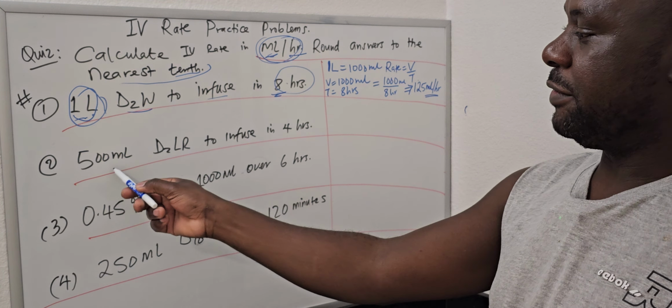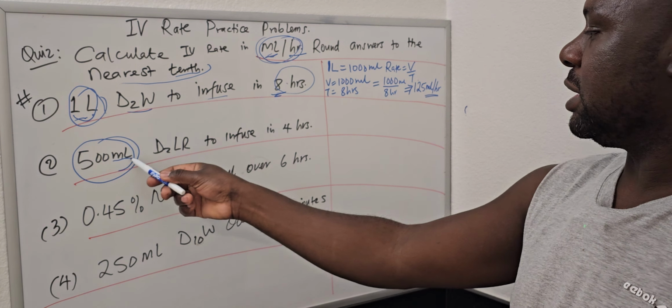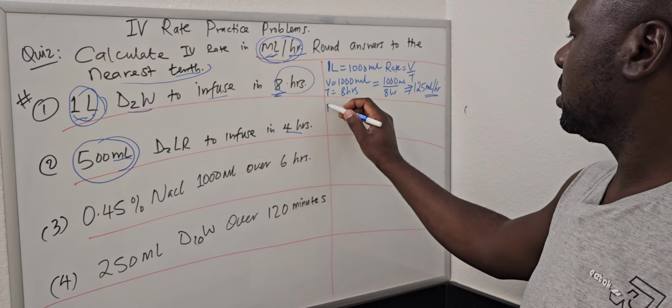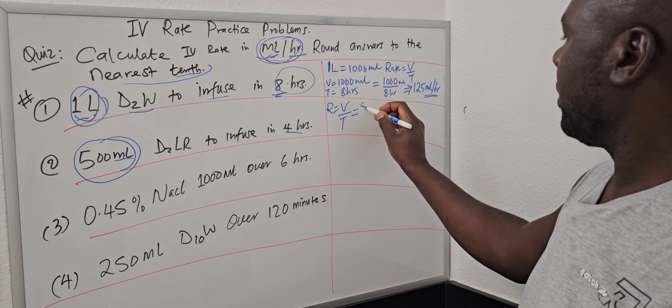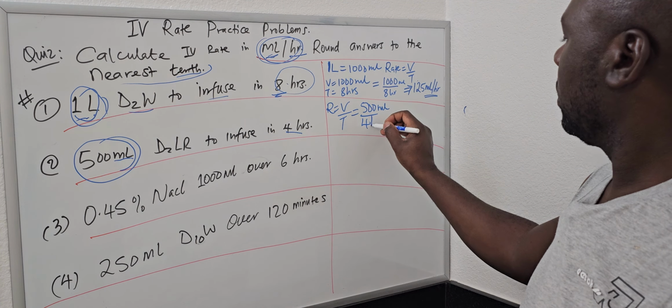Number two, we have been given the same units, milliliters and hours, same concept. We just write rate is equal to volume over time. Our volume is 500 milliliters divided by 4 hours.